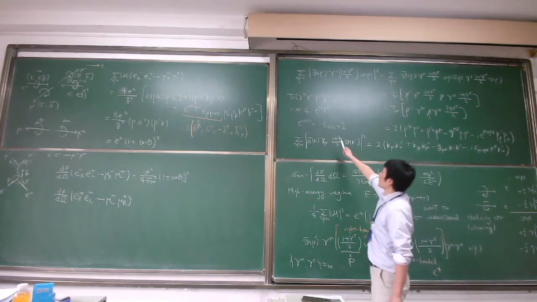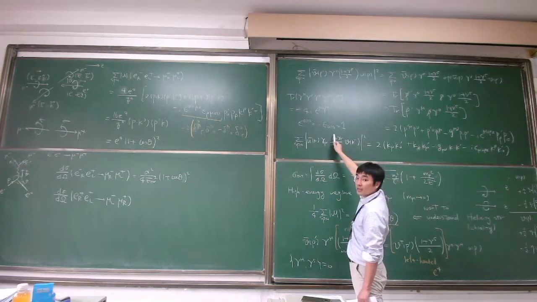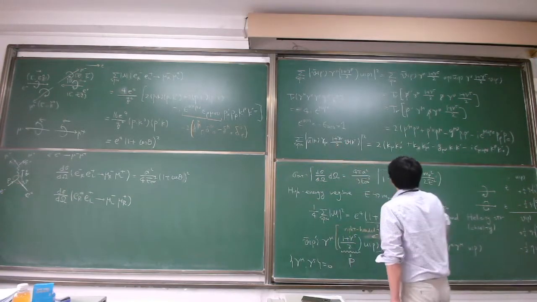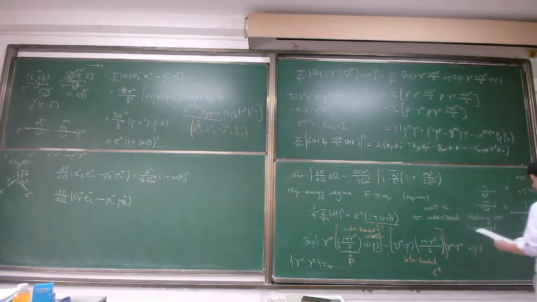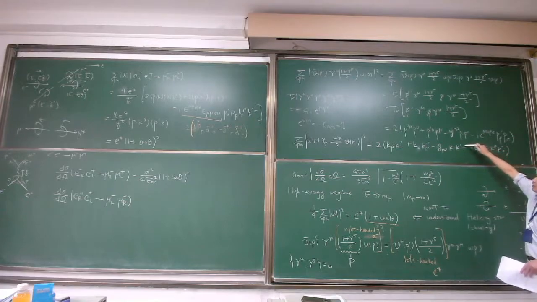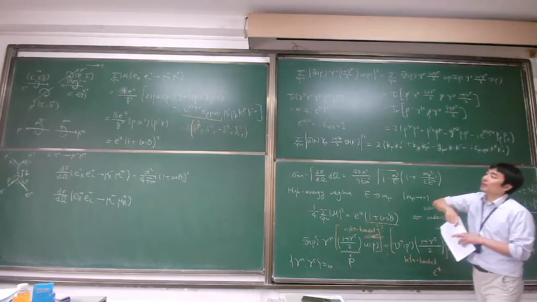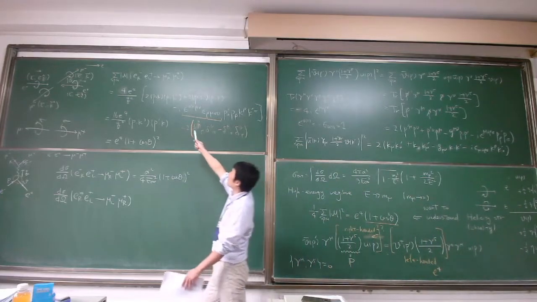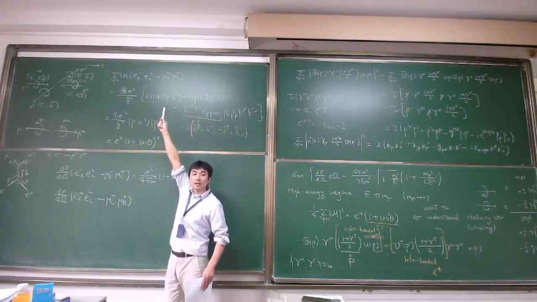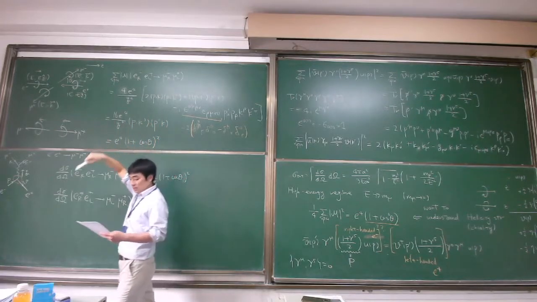Here you have a minus sign. You need to plug in a minus sign here. If you plug in a minus sign here, then epsilon, this one becomes a plus sign. This becomes a plus sign, this one becomes a plus sign, and so therefore this one becomes a plus sign. So that's the difference.